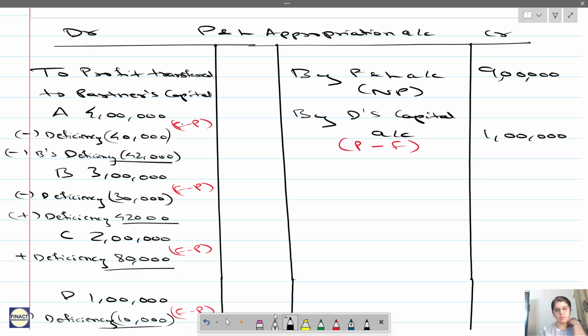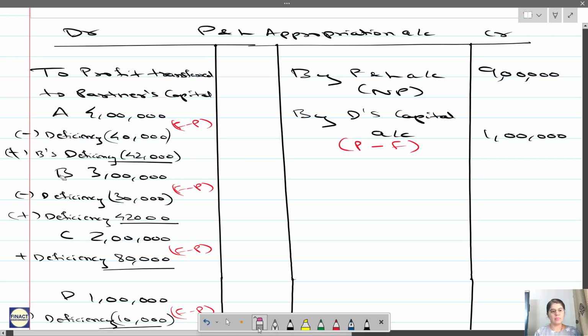Now let's take everything to the outer column. So 4 lakh minus 40,000 plus, sorry, A is giving, no, this will be minus. So 4 lakh minus 82,000, correct?